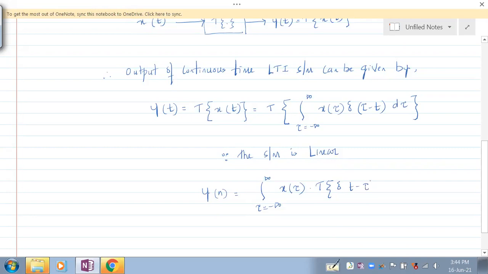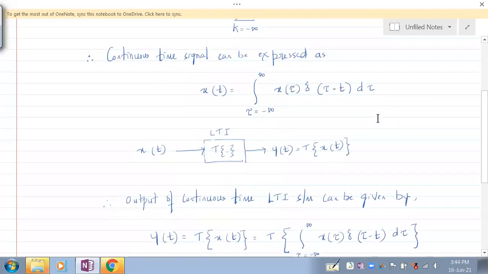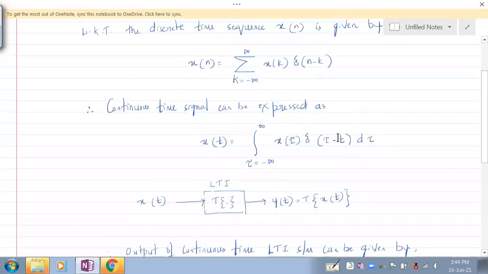It's t minus tau, like n minus k. This is not tau minus t, this is t minus tau. Sorry, very sorry for that.